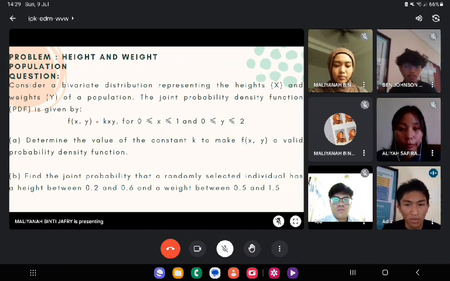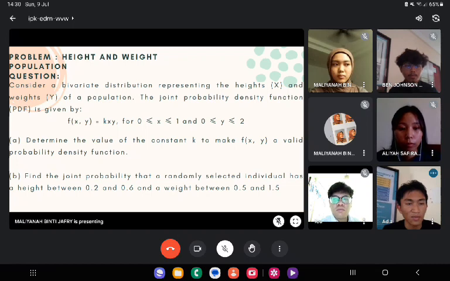The joint probability density function is given by f(x,y) equals kxy for 0 less than or equal to x less than or equal to 1 and 0 less than or equal to y less than or equal to 2.